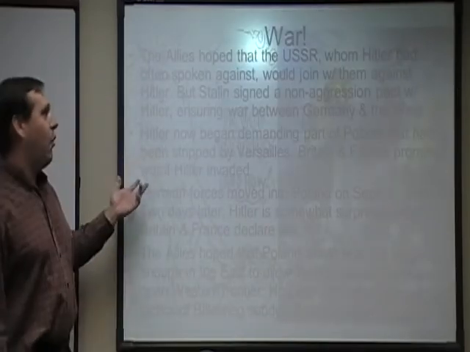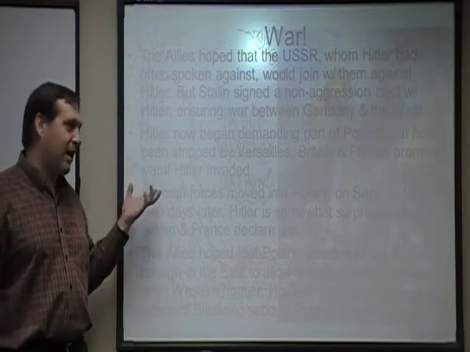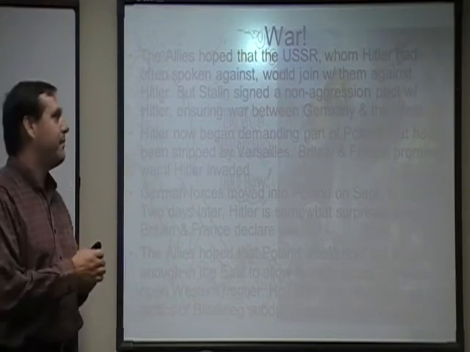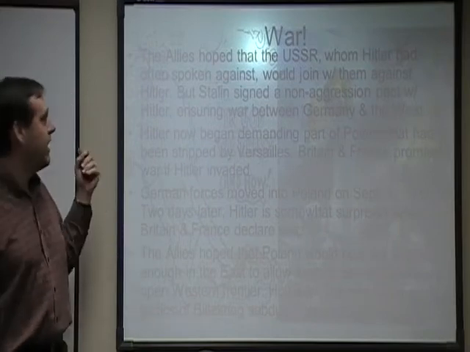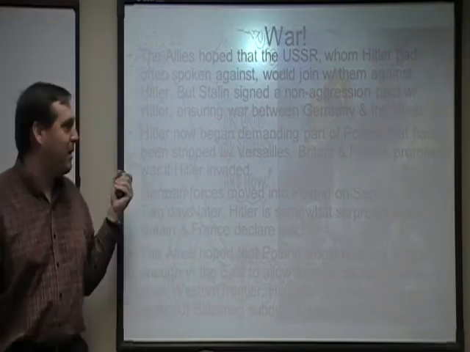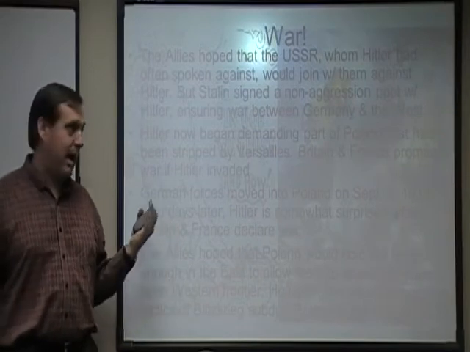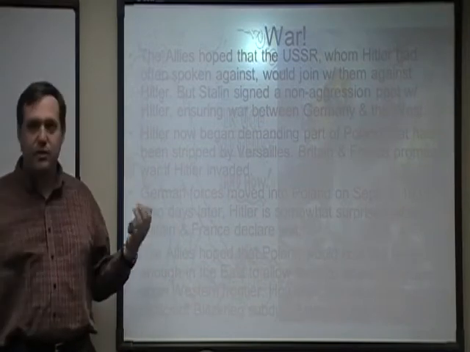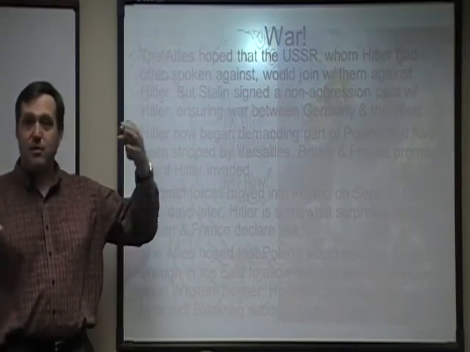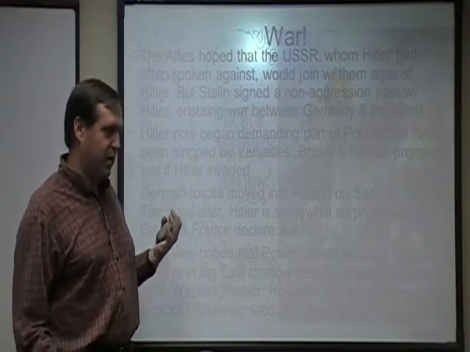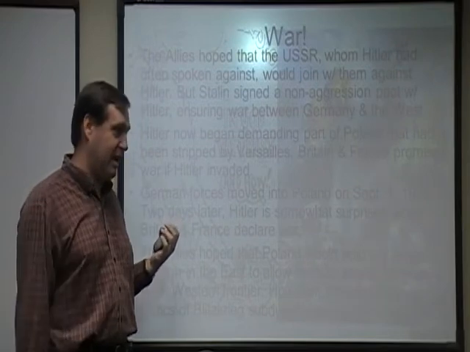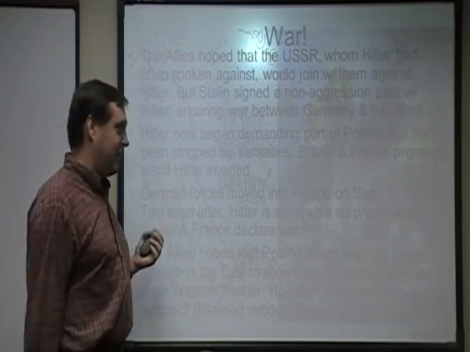Now, part of the reason why the Allies still felt confident that they didn't necessarily have to do anything about Hitler was that Hitler had often openly spoken about how he hated communism, and that Germany needed to expand eastward and take over some of these areas in Eastern Europe. All you got to do is look at a map and say, there's Poland east of Germany, and then there's Russia east of Germany, and he says that he hates communism.